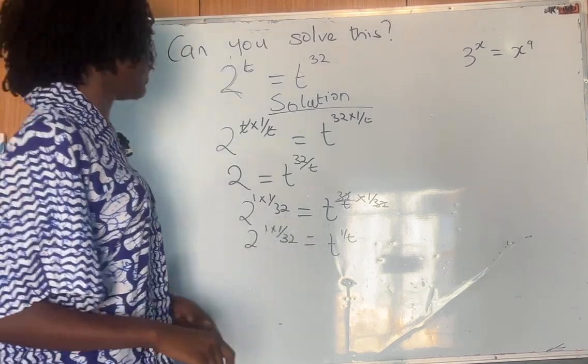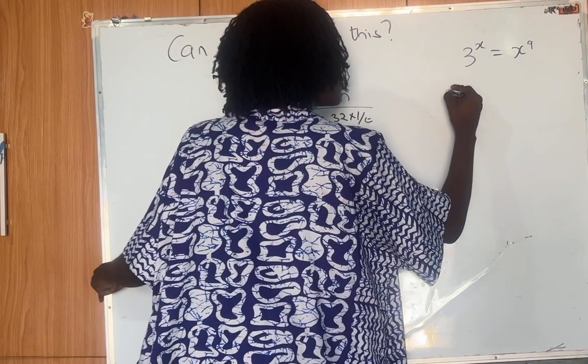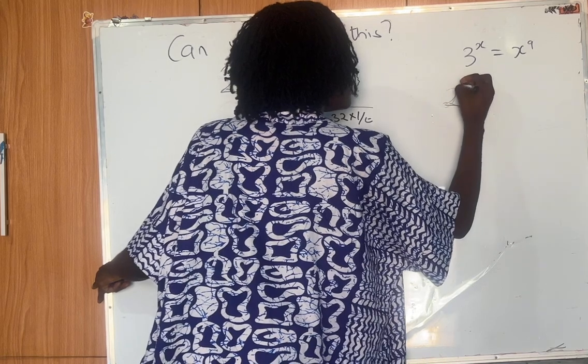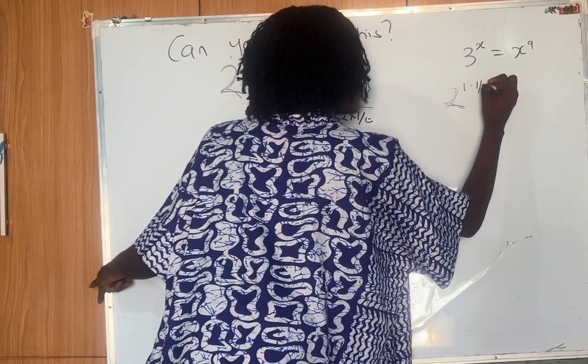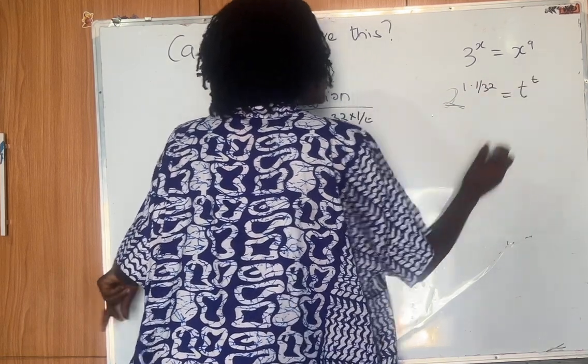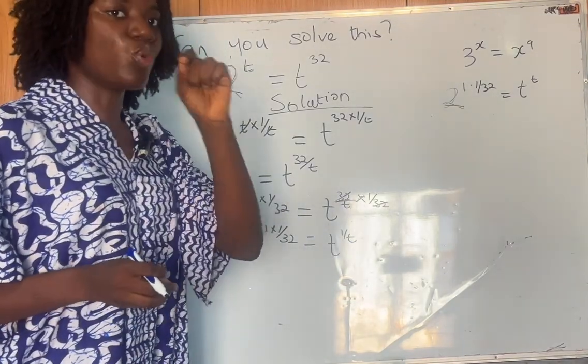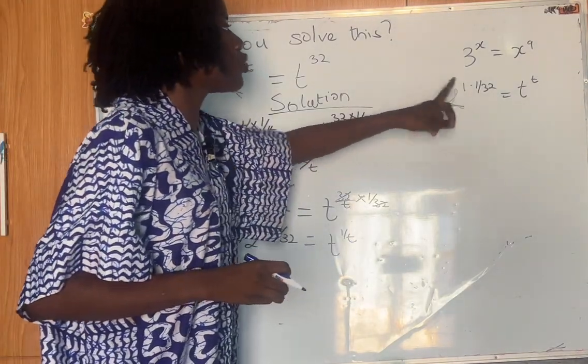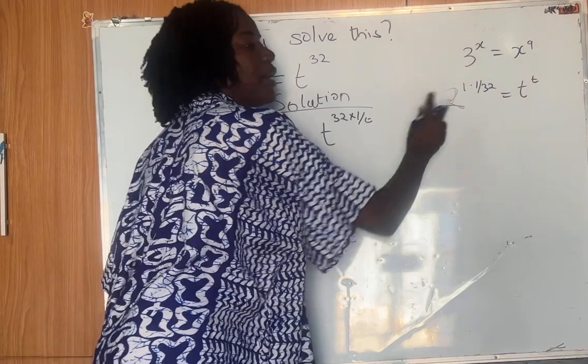Now let me explain further. If you use 2, this is 2 raised to the power 1 times 1 over 32 equal to t raised to the power t. Let me explain what I said: you need a number that, when raised to the power 2, gives you the same number as when multiplied by a denominator.